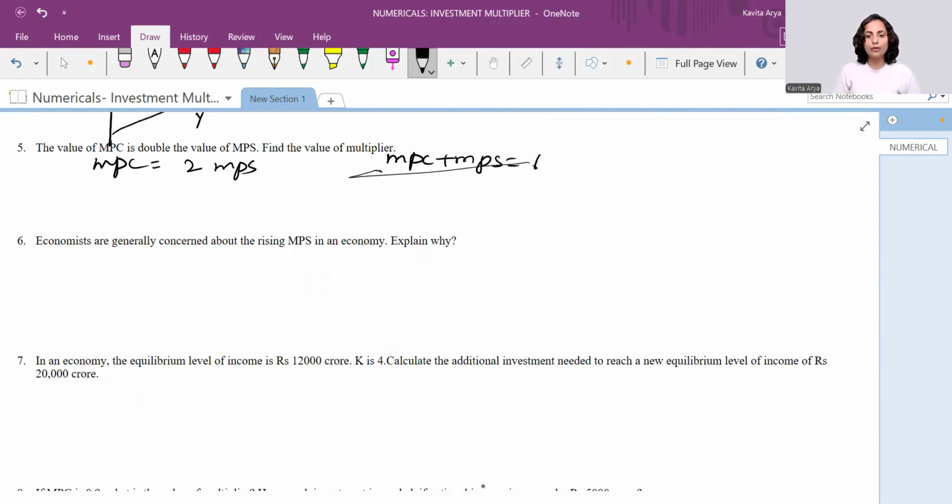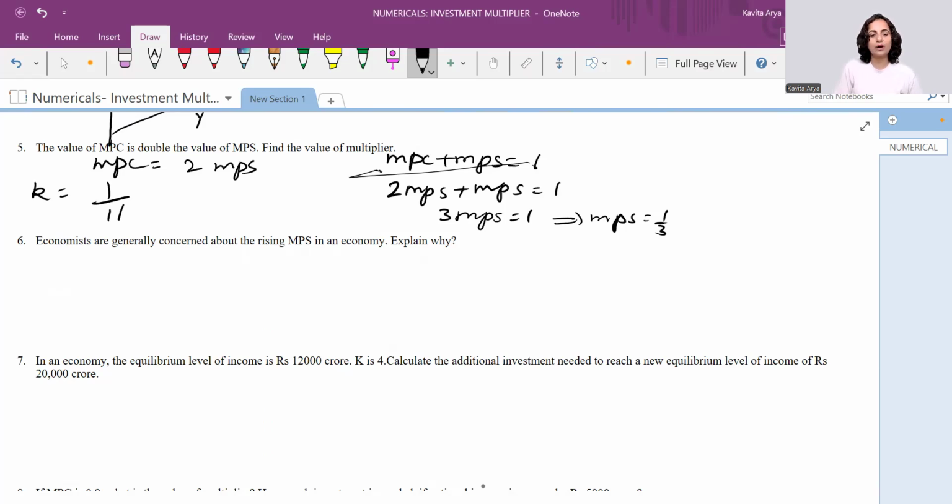So we write 2 MPS plus MPS is equal to 1. 3 MPS is equal to 1. Hence MPS comes out to be 1 by 3. And if MPS is 1 by 3, then K is equal to 1 over 1/3. That's equal to 3. So the answer is 3.